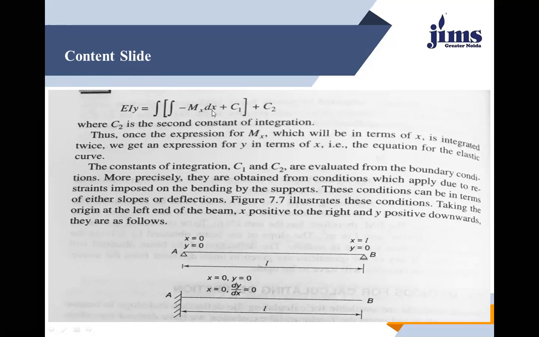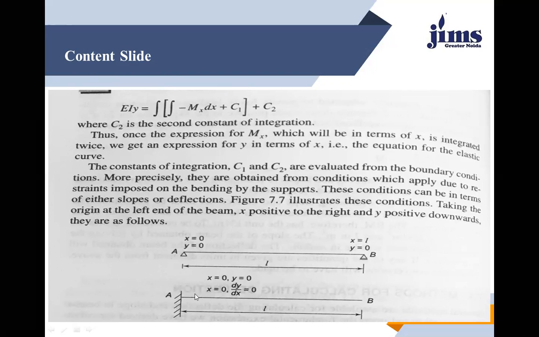For a simply supported beam, x is the distance from support A. At x equal to 0 the deflection is 0, because at this support there is no chance of deflection in the vertical direction, and in a similar way at x equal to L the deflection is 0.